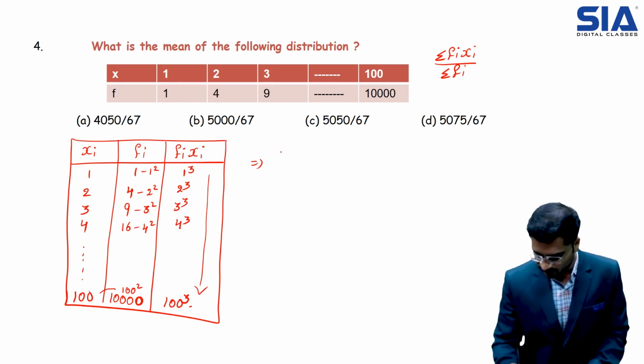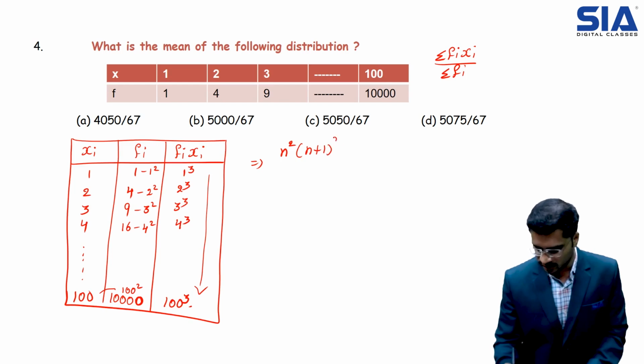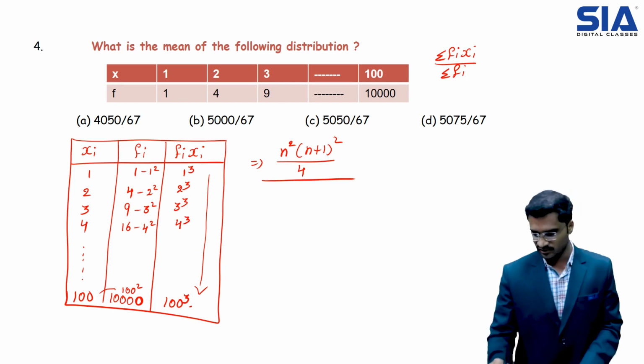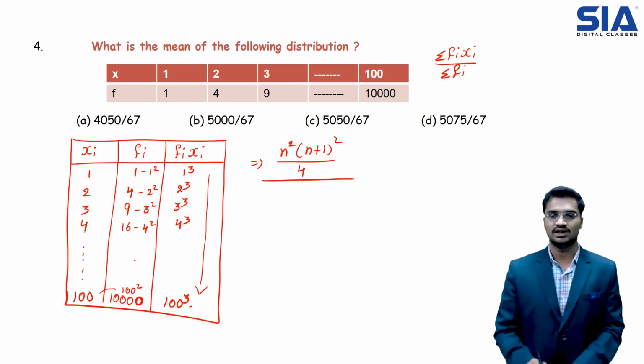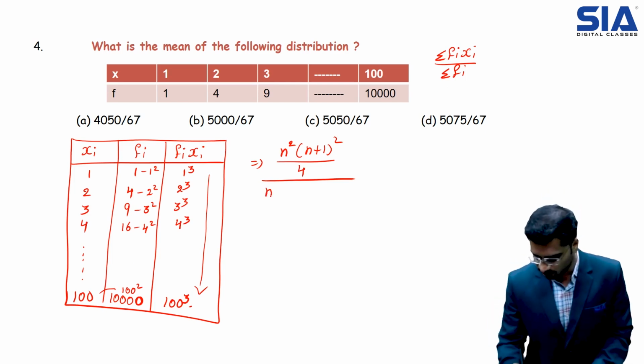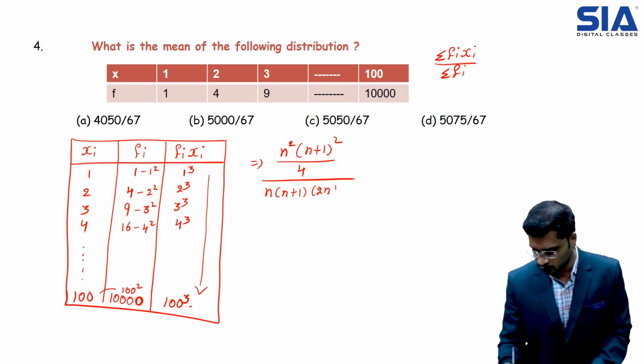The formula for the sum of the cubes is n square into (n plus 1) whole square by 4. So this is the numerator, which is sigma fi xi, where the n value is 100. In the same way, sigma fi is the sum of the squares of the first n natural numbers, and the formula for that is n into (n plus 1) into (2n plus 1) divided by 6.